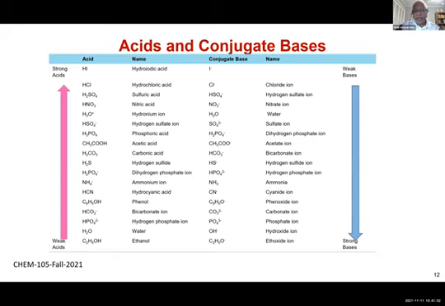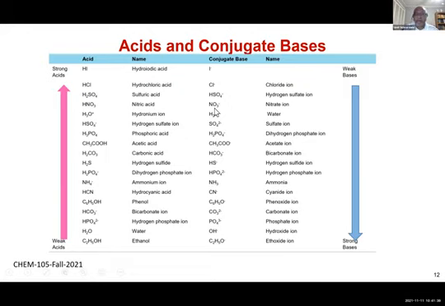Then when you look at the bases, now you have bases here, ammonia. They are mainly not Arrhenius bases. Arrhenius bases are OH ions. So for conjugate bases, weak acids have strong conjugate bases.